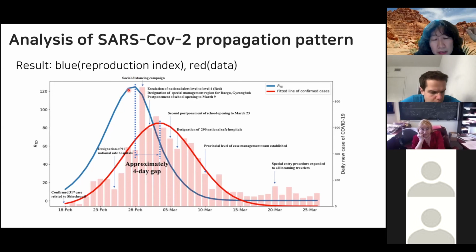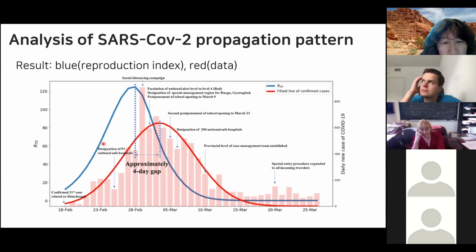It measures the level of infection spread, so it is very important to compute. The red one is the graph for the actual daily number of confirmed cases.